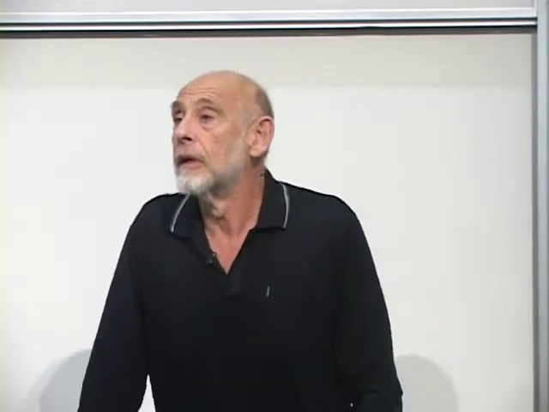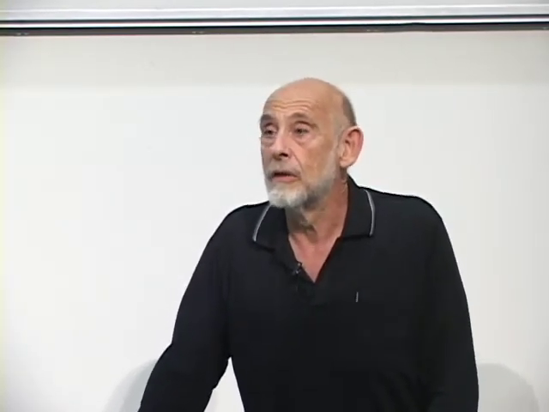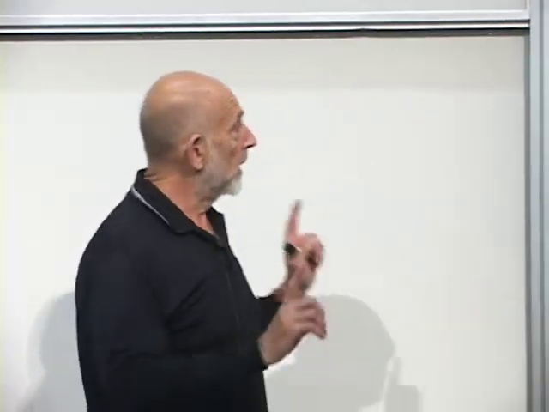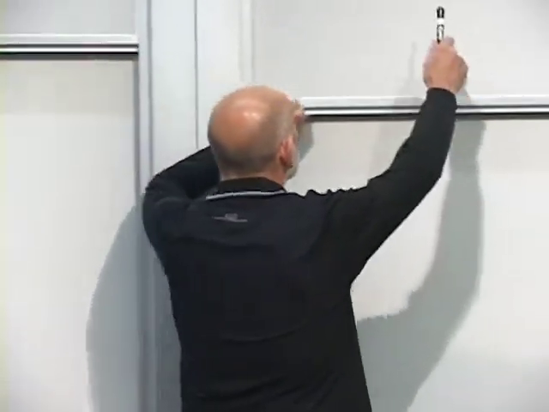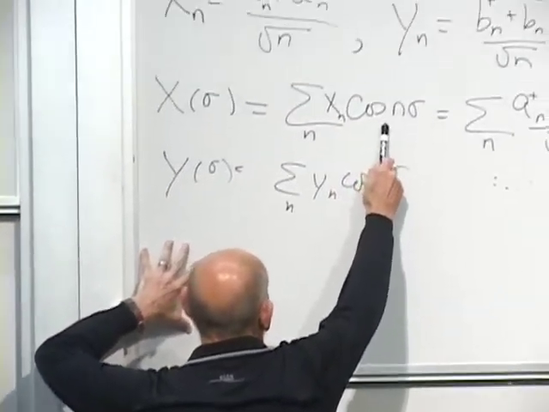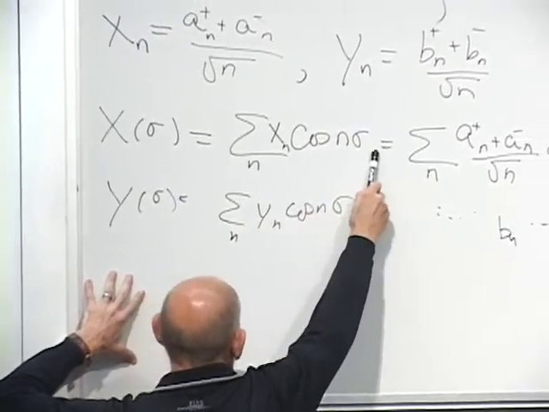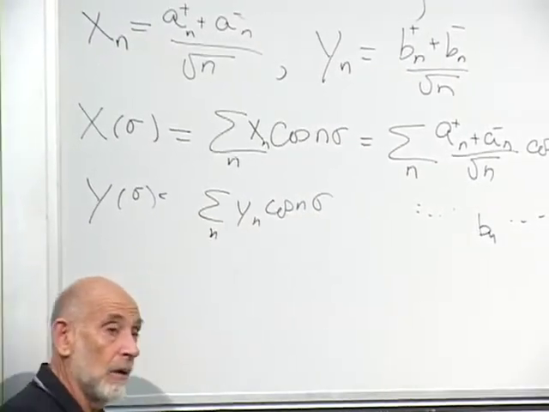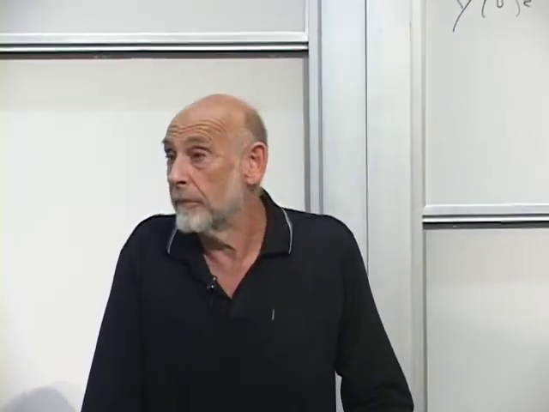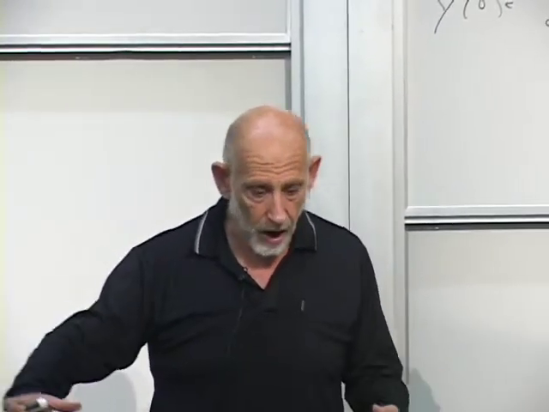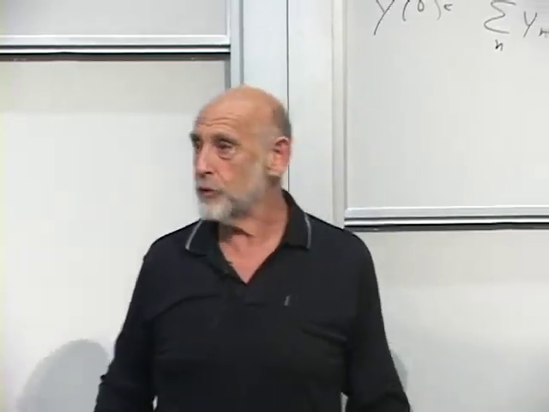Is the x sub n a function also of sigma? No, no. The x sub n's are the Fourier series coefficients. All of the sigma dependence is here. This is the sigma dependence. What do the xn's depend on, though? Time. There's time in this infinite momentum frame, which we gave a name to.